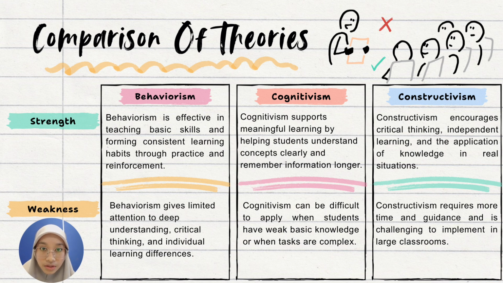Meanwhile, cognitivism can be difficult to apply when students have weak basic knowledge or when tasks are complex. And last, constructivism. The weakness of constructivism is that it requires more time and guidance and is challenging to implement in large classrooms.